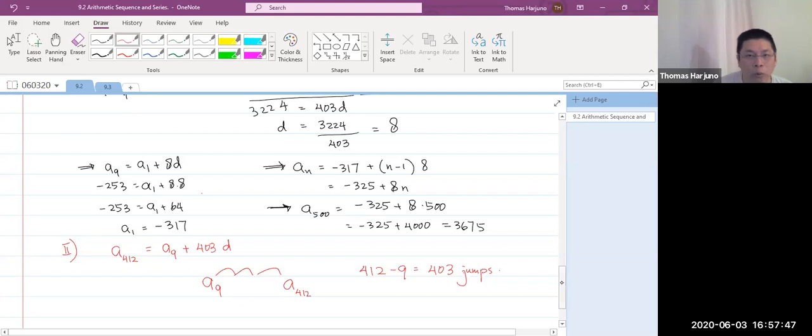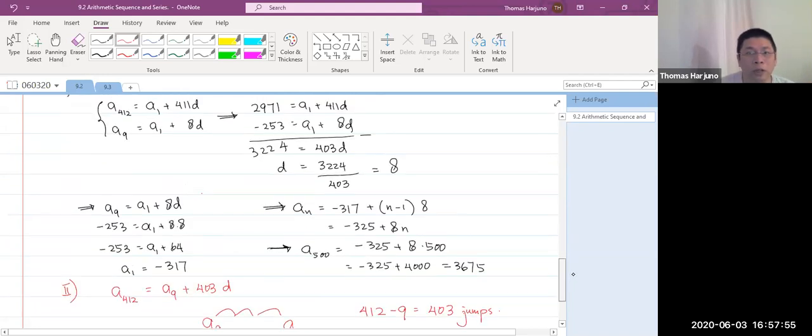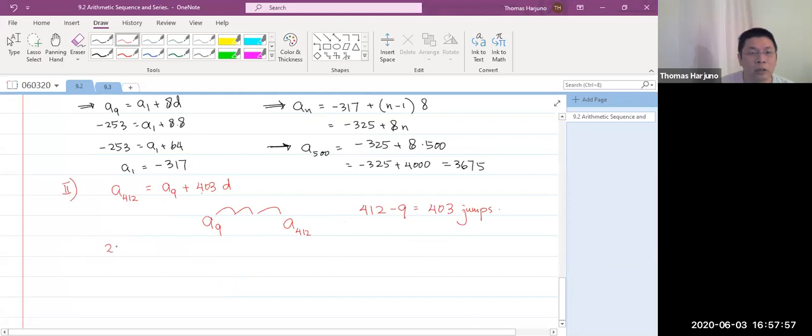Now, I know both the 412th term and the 9th term. 2,971 equals negative 253 plus 403d. Fast forward, you will get d equals 8.